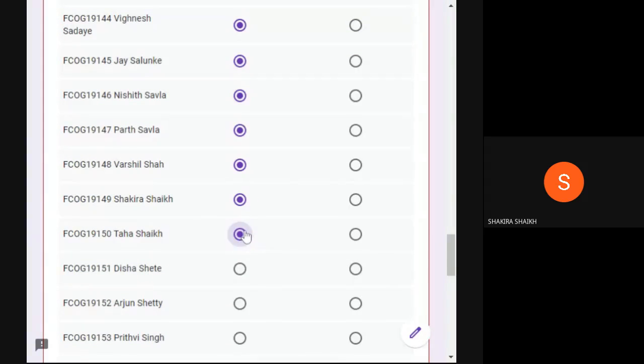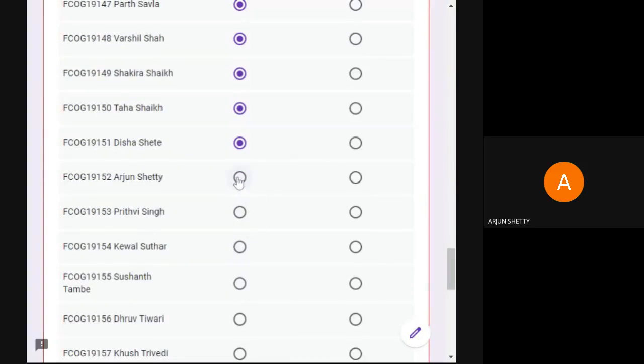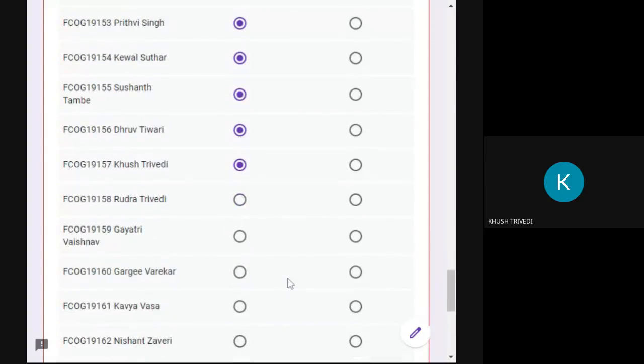Taha. Arjun. Prithvi. Keval. Sushant. Dhruv. Kush.